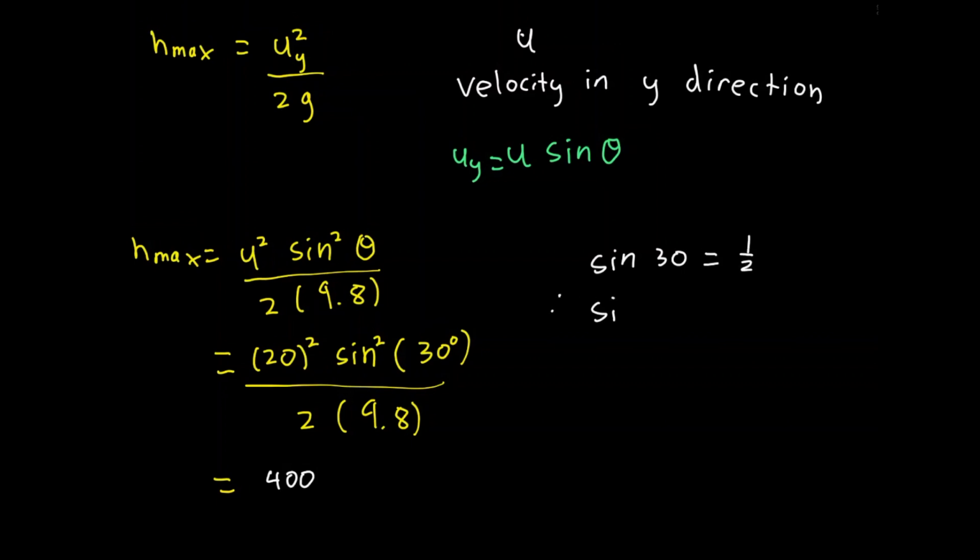So that means that sine squared of 30 is equal to a quarter. That's 400 by a quarter over 2 by 9.8.